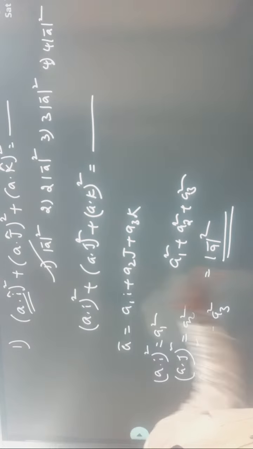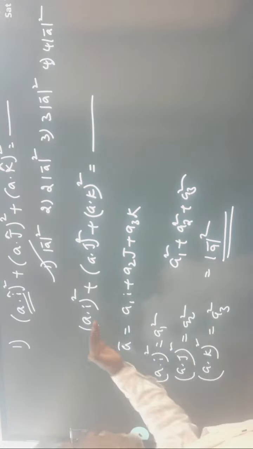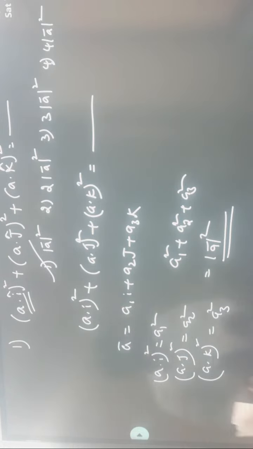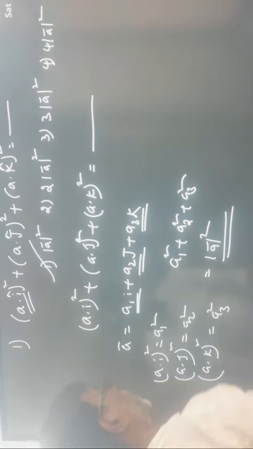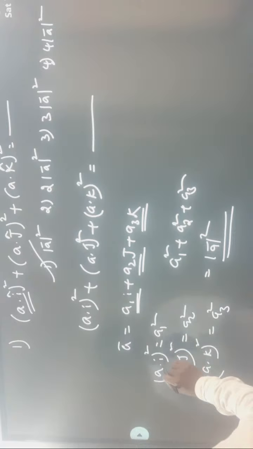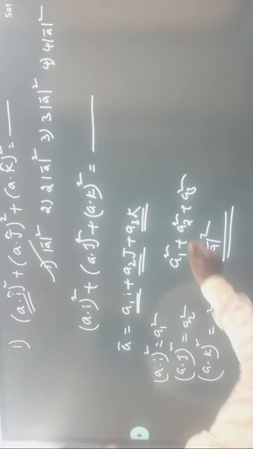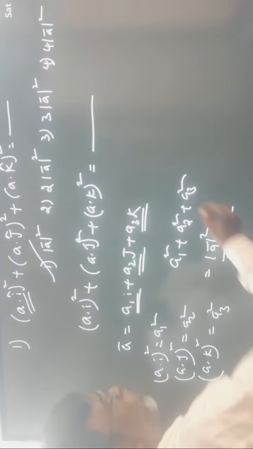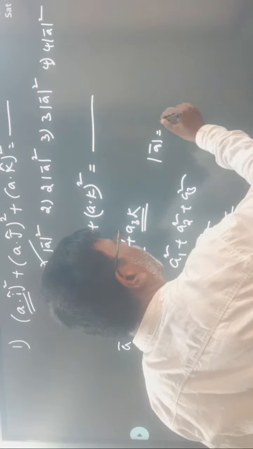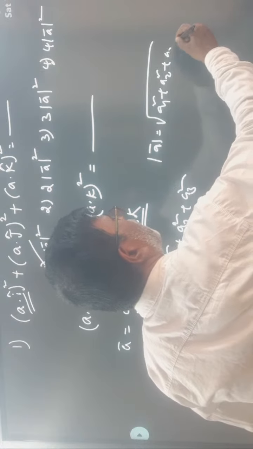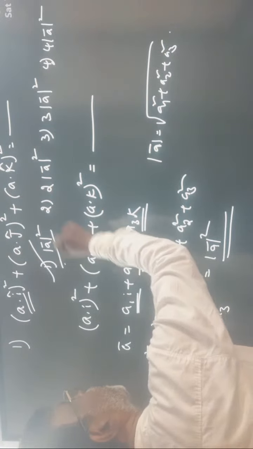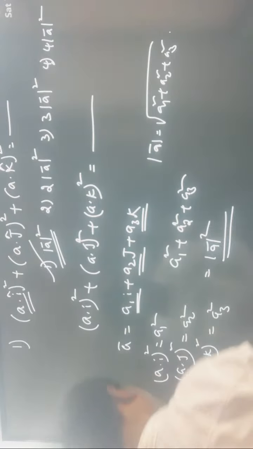That is the question. a dot i with a = a1 i plus a2 j plus a3 k gives a1 square, then a2 square, plus a3 square. What is mod a bar? Mod a bar is the root of a1 square plus a2 square plus a3 square. That gives mod a bar square. First is the correct answer.